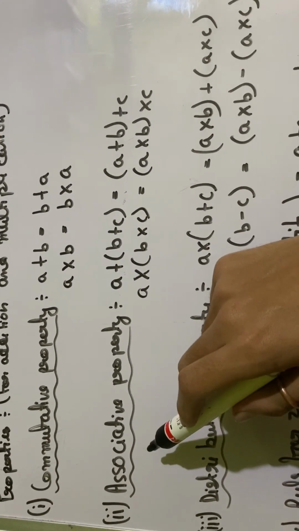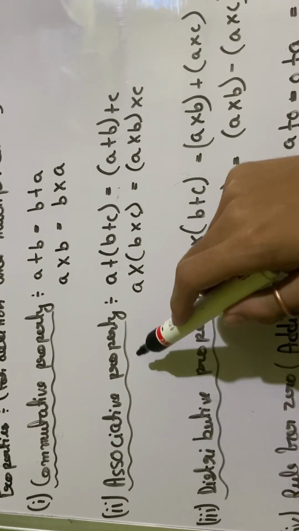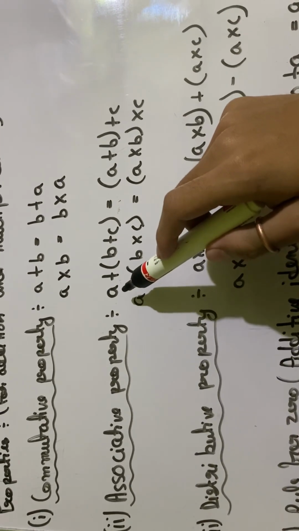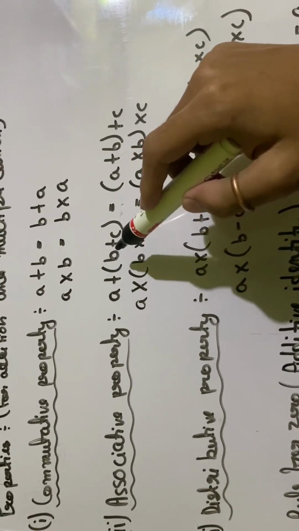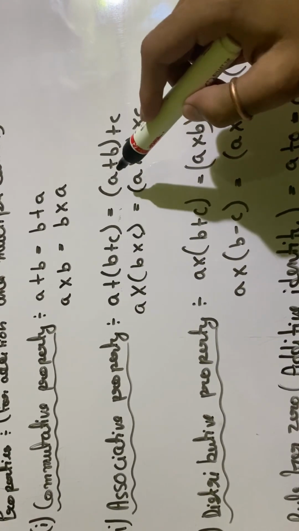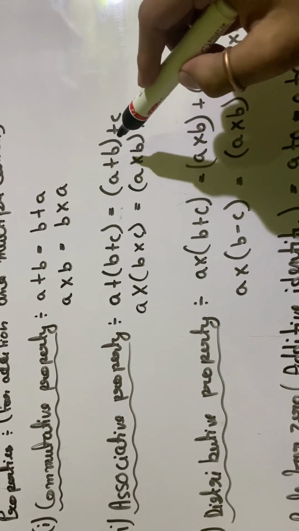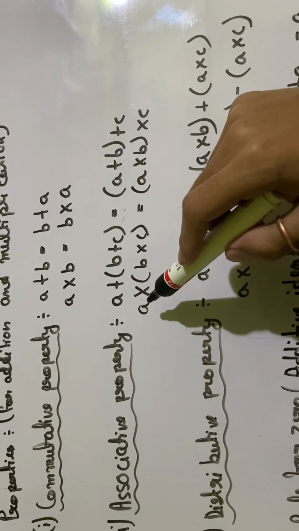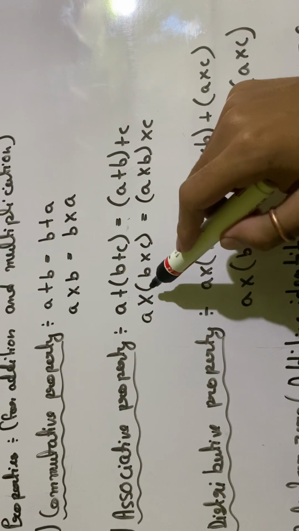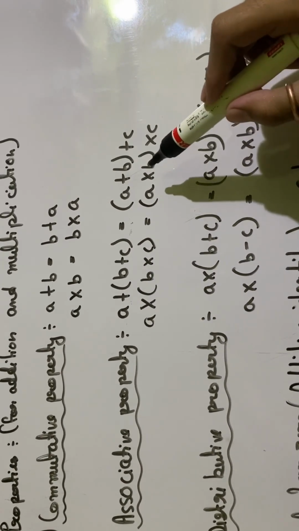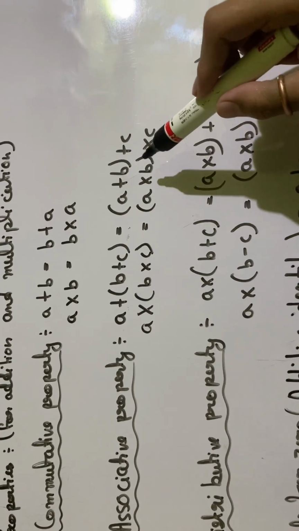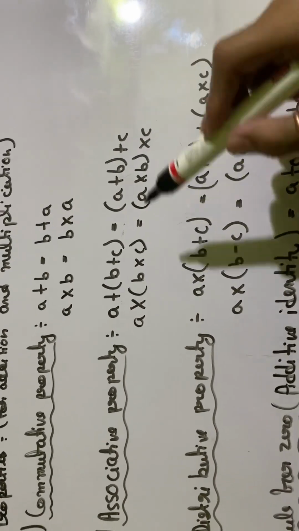Second property is the associative property, that states that a plus (b plus c) equals (a plus b) plus c. Also a into (b into c) equals (a into b) into c.